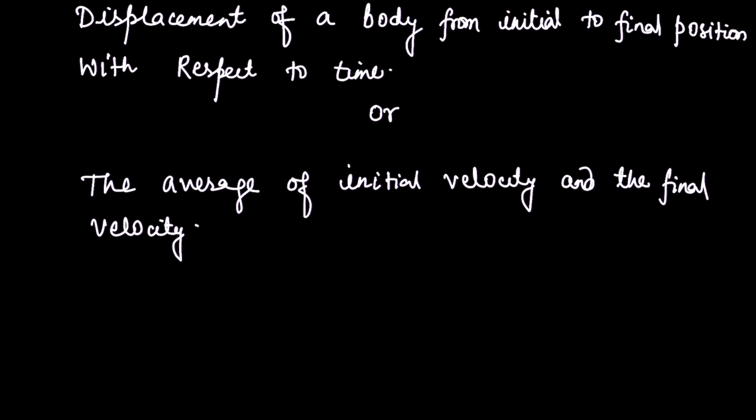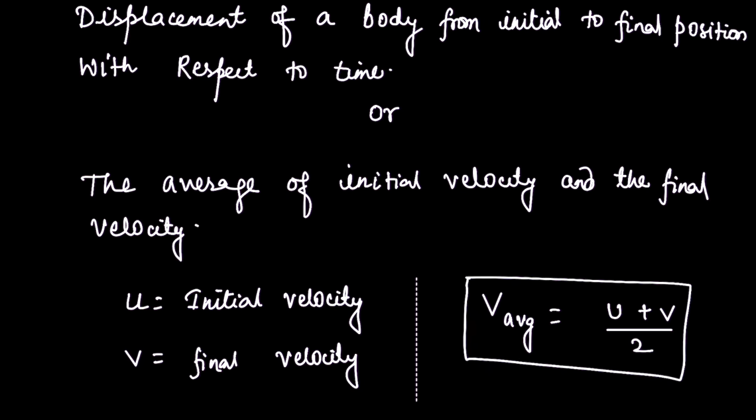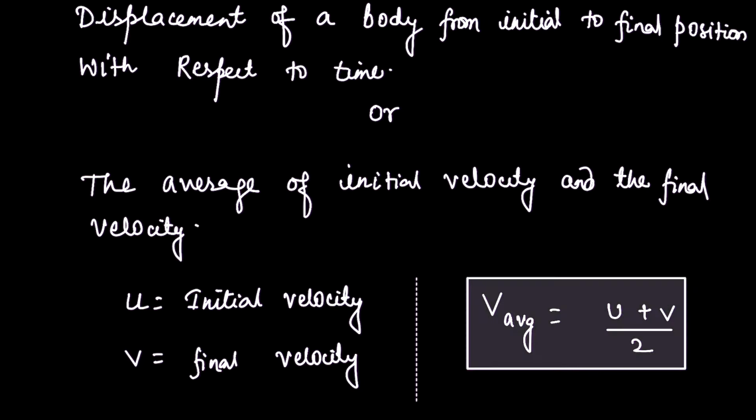Initial velocity is represented as small u, final velocity is represented as small v. So average velocity is equal to u plus v by 2. This is the definition of average velocity.